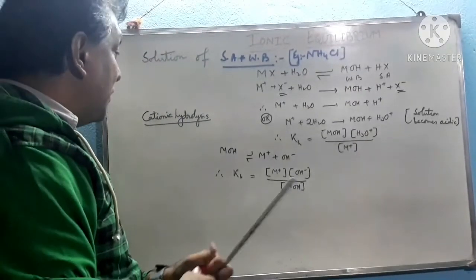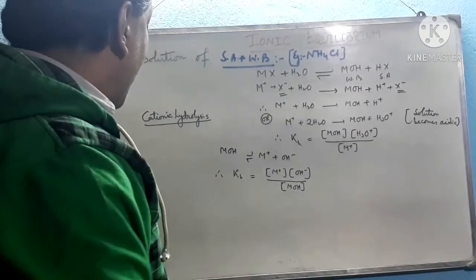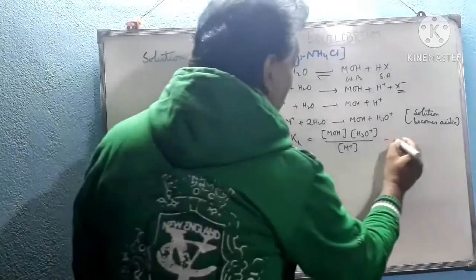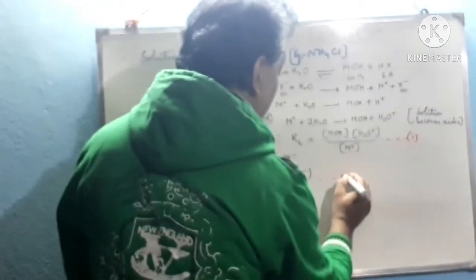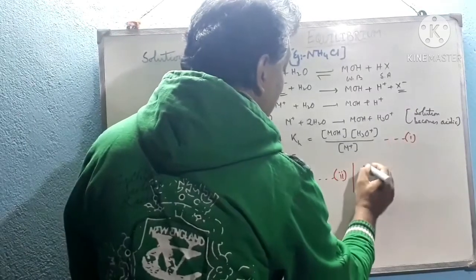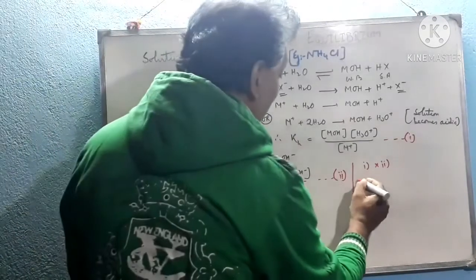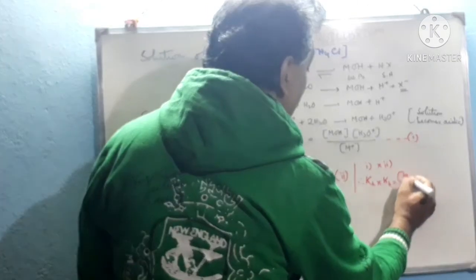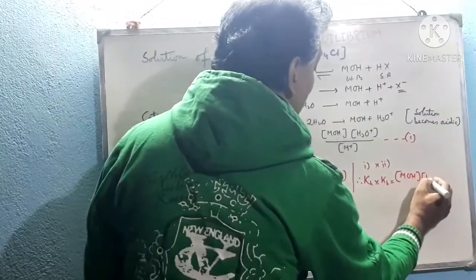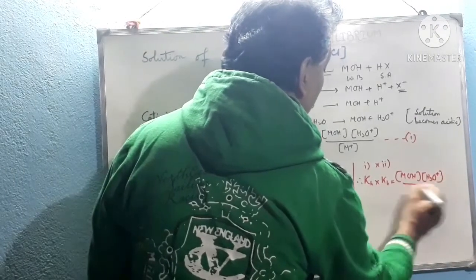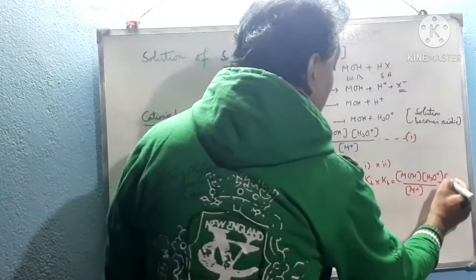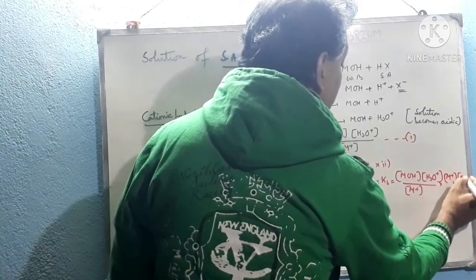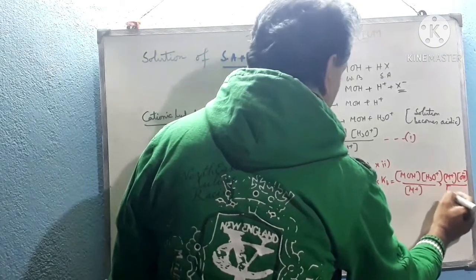Now see this, from these two expressions, if we multiply equation number 1 with equation number 2, we get Kh into Kb. Therefore, Kh into Kb equals, in case of Kh, MOH into H3O plus divided by M plus, and in case of Kb, M plus into OH minus divided by MOH.